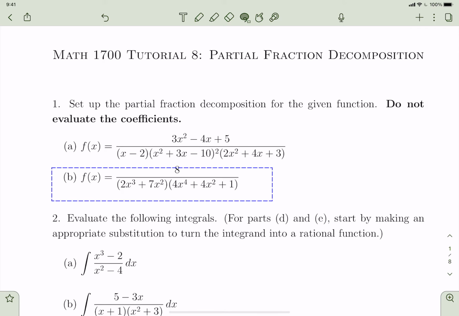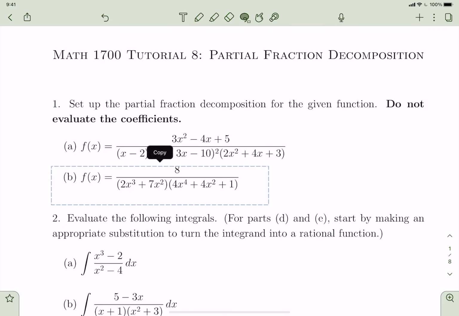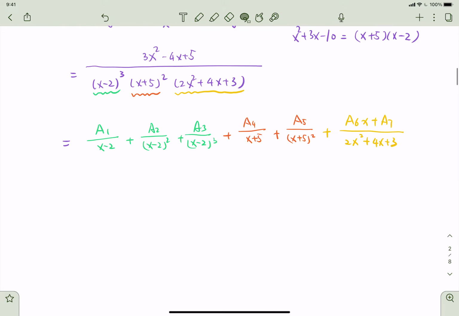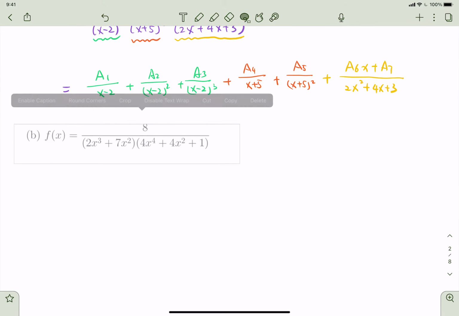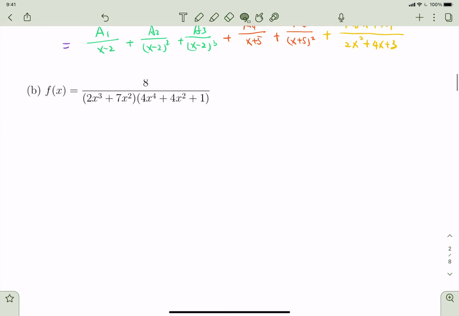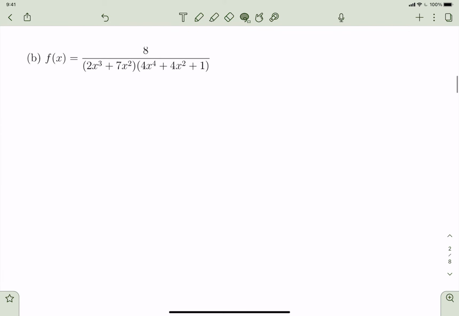And moving on to question B here. Do the same thing, right? Check the power. The power on the top is less than the power in the bottom. Right, so this first condition is satisfied.